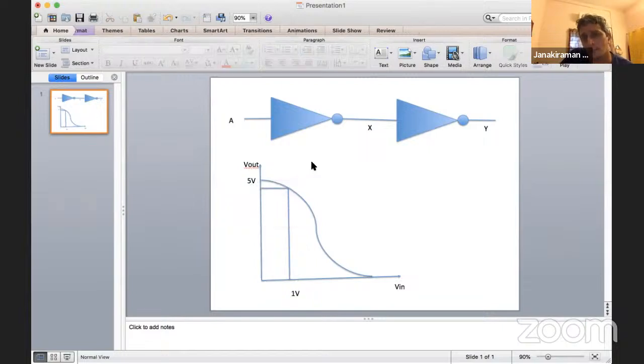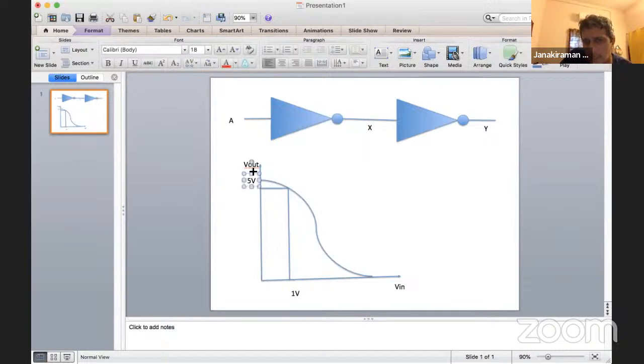Assuming that the maximum value is 5 volt, let us say hypothetically this value that I put was 4.9 volt. That means for an input of 1 volt to A, the value of X corresponding to that is 4.9 volt. Correct?